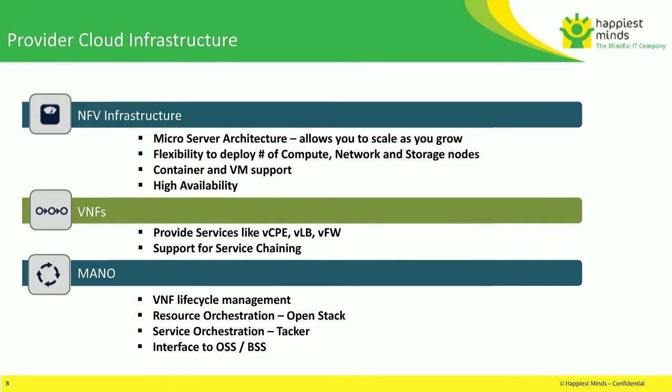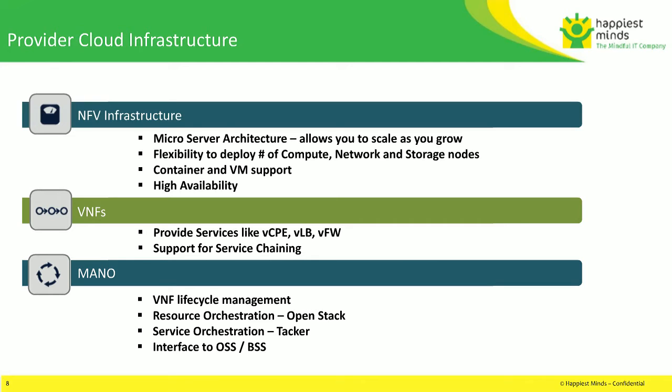So, if you see the provider cloud infrastructure outlined in the architecture diagram, it basically follows the NFV. And going by this specification, we can see three distinct components. At the bottom, you would have seen the NFV infrastructure, which is basically an abstraction over the physical storage, compute, and networking infrastructure.